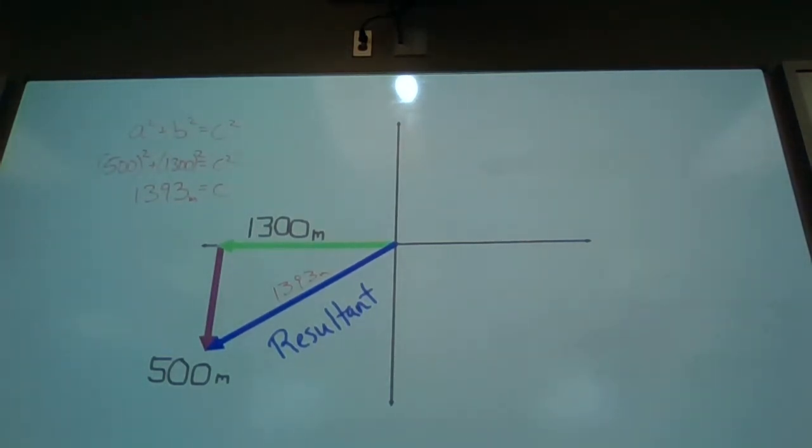So, but a vector needs 2 things. I've got the magnitude. I'm missing the direction. How could I communicate direction? Southwest. That works, right?